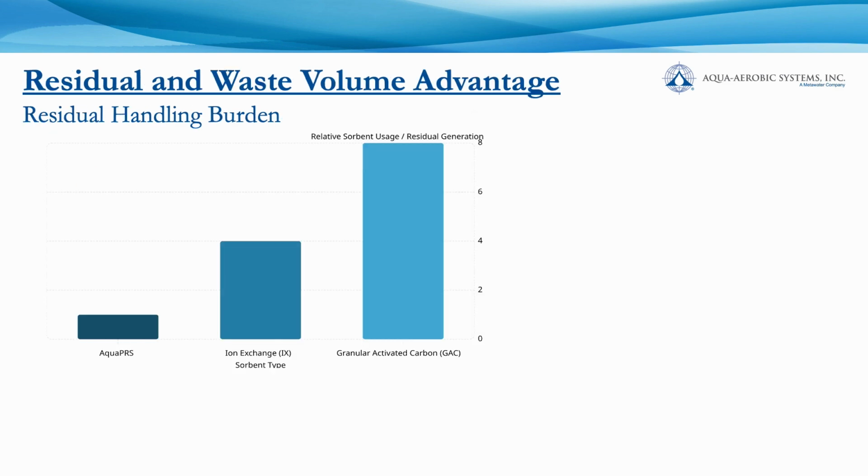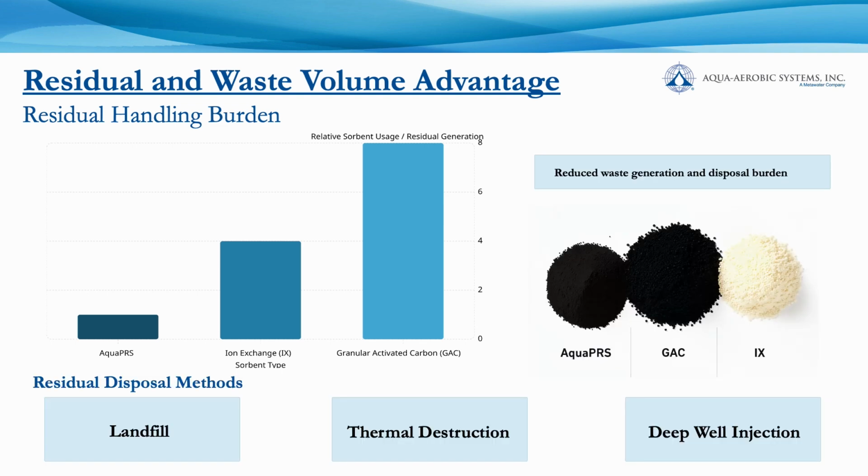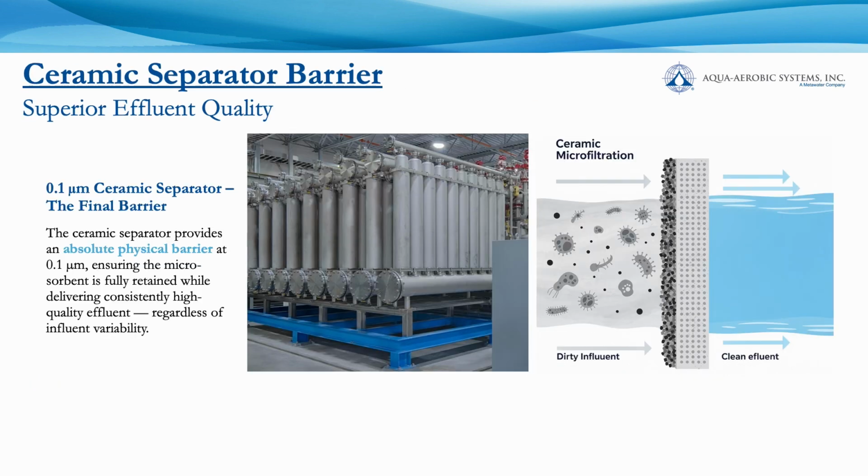In terms of residuals, what we're finding generally is we're going to be 10 to 15% of the volume of, say, granular activated carbon, and in some cases even less than that. How do you dispose of that absorbent material? Well, you can put it into a proper landfill, thermal destruction processes, or deep well injection. So it's very easily handled and is in small volumes.